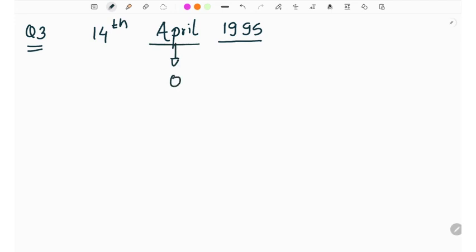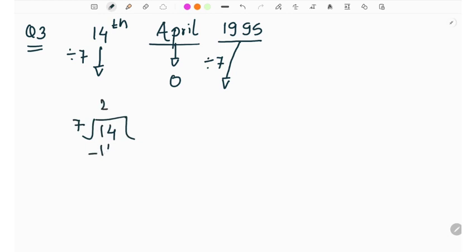In step number 3, divide the given date by 7 and divide the given year by 7. Whenever we divide by 7, the remainder is important for us. Let's start with the date. Divide the date by 7. 7 2s are 14. If a number is completely divisible, what is the remainder? The remainder is 0.